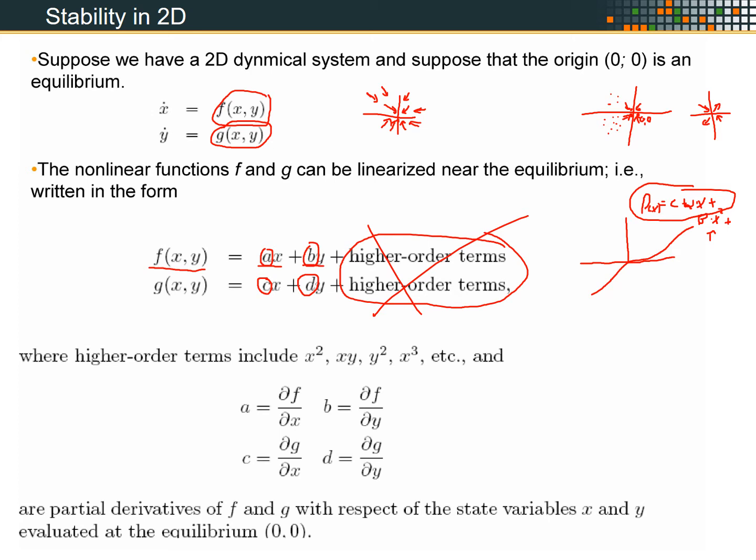That means we can approximate the function f of x by just saying it's a times x, where a is the slope of the real function in respect to x at the origin. So that gives us an analytical expression to compute these 4 coefficients that we need to approximate the behavior in the very close vicinity of the origin.